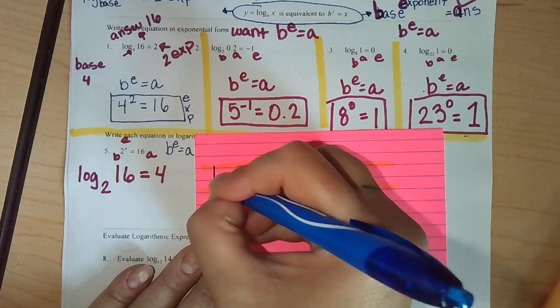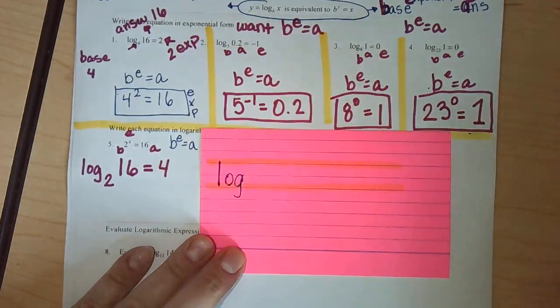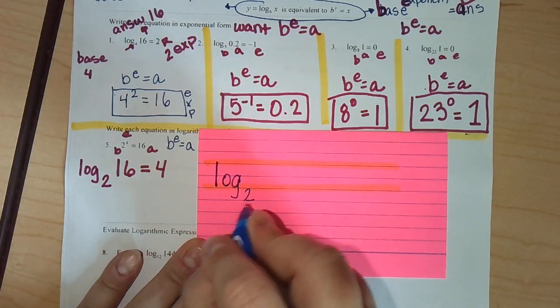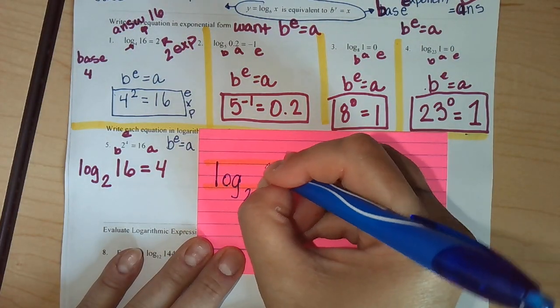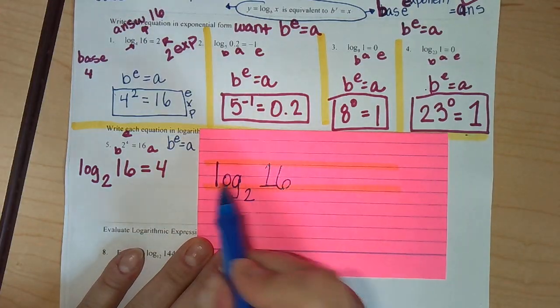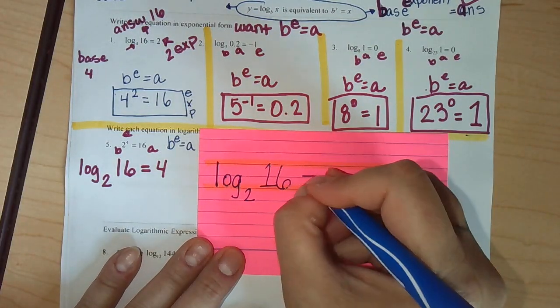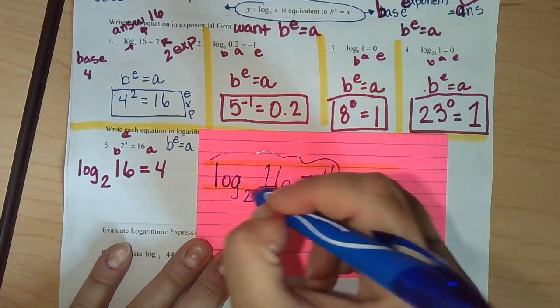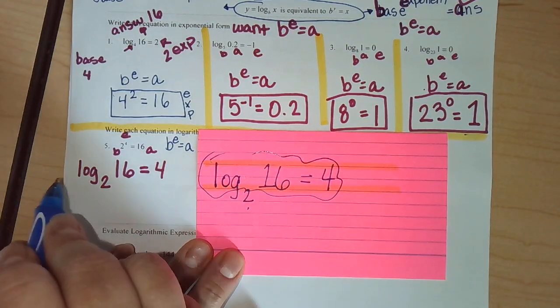We say log, and then see the 2 is in the basement. Then the 16 is big and fat like normal, just like the log. And then the 4 is big and fat like normal. So everything is big and fat like normal, except for that tiny little 2. It's in the basement.